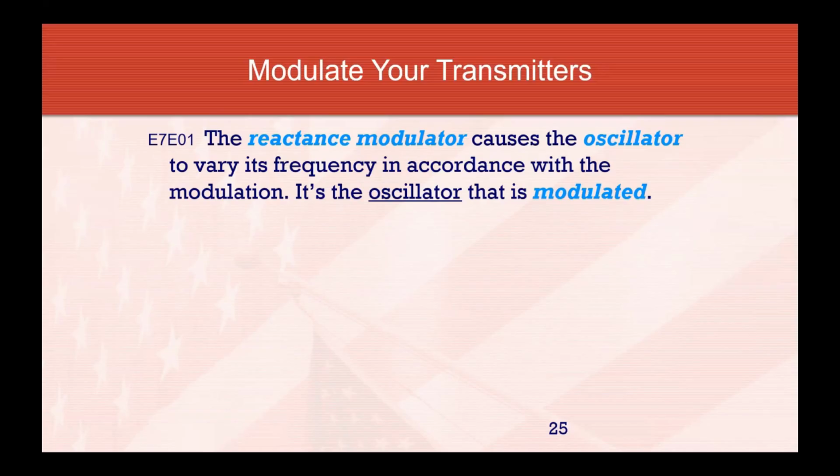And oftentimes we will use some kind of capacitance modulation for that, because we can get voltage diodes that will vary the capacitance with voltage. At any rate, that reactance modulator then modulates the oscillator and changes its frequency as it needs to make it frequency modulated. But it's the oscillator that gets modulated. The output of the radio is just outputting whatever the oscillator and its subsequent circuits are generating.